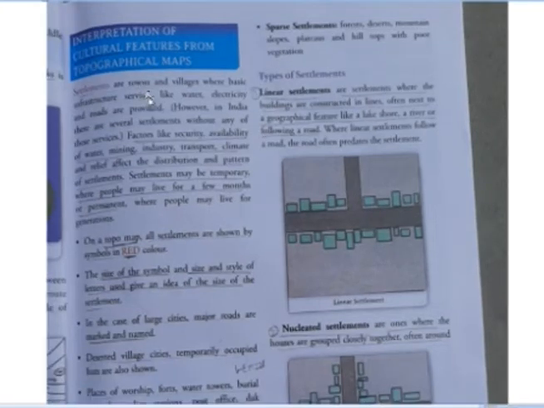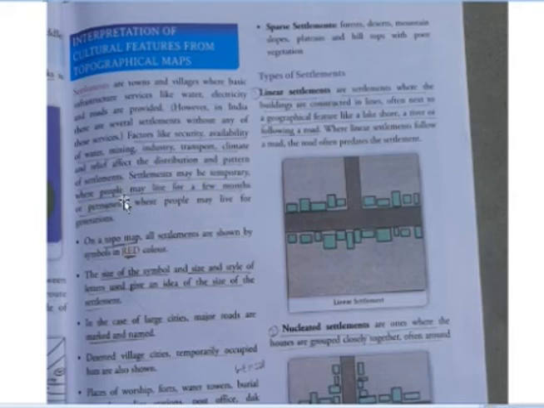Settlements are towns and villages where basic infrastructure services like water, electricity, and roads are provided. However, in India there are several settlements without any of these services. Factors like security, availability of water, mining, industry, transport, climate, and relief affect the distribution and pattern of settlements.